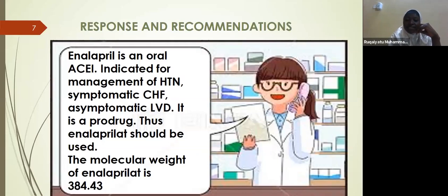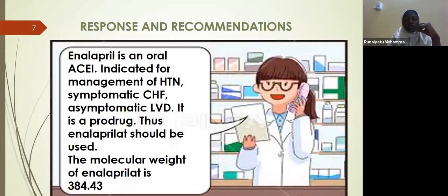However, it is a prodrug. So we need to notify the requester that since the experiment is going to be done in vitro, and because enalapril is a prodrug, if the requester goes ahead to use enalapril in the research, it's going to amount to a complete waste of time and money, because nothing is going to happen to the drug.